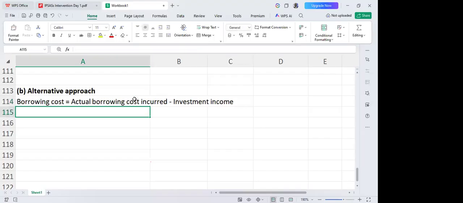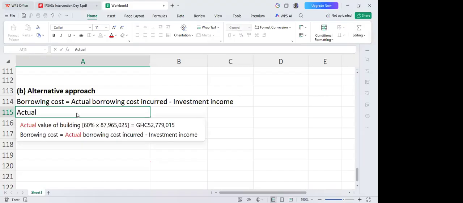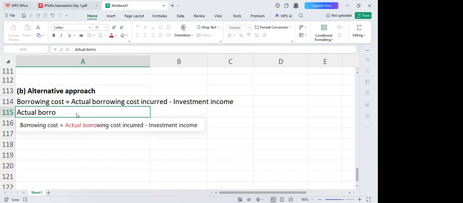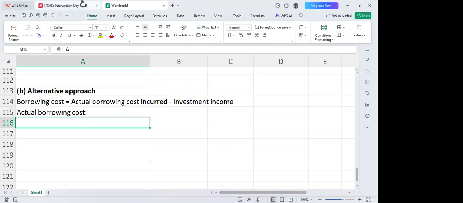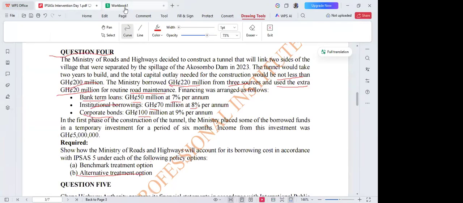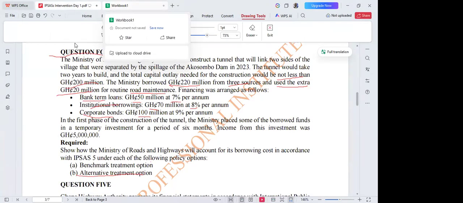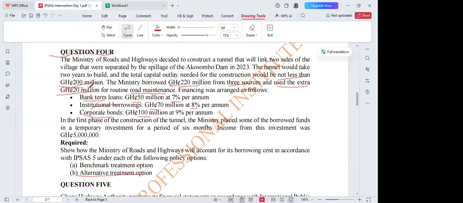So in this question, we first need to get the actual borrowing cost incurred. To get that, we need to do apportionment. Not all of the interest or loan relates to the qualifying asset. It's only 200 million of it.